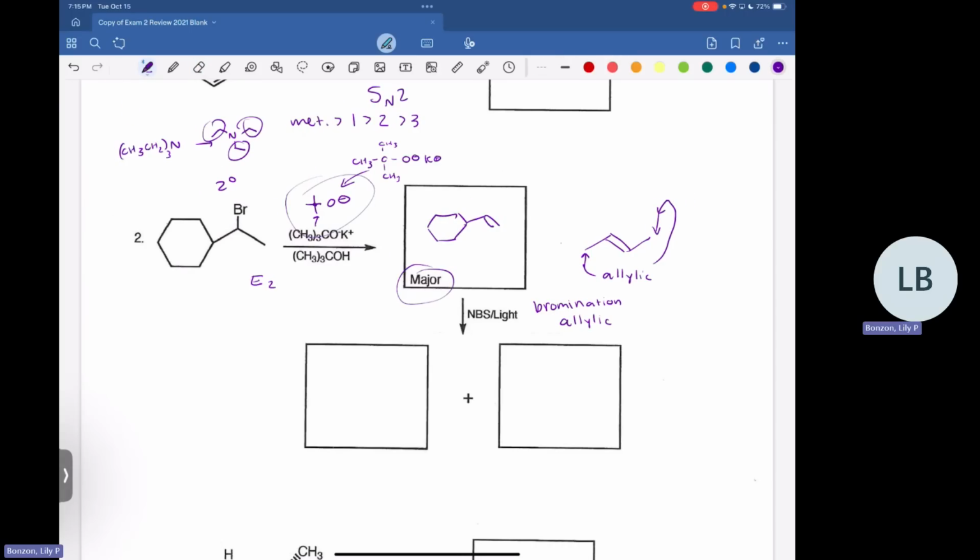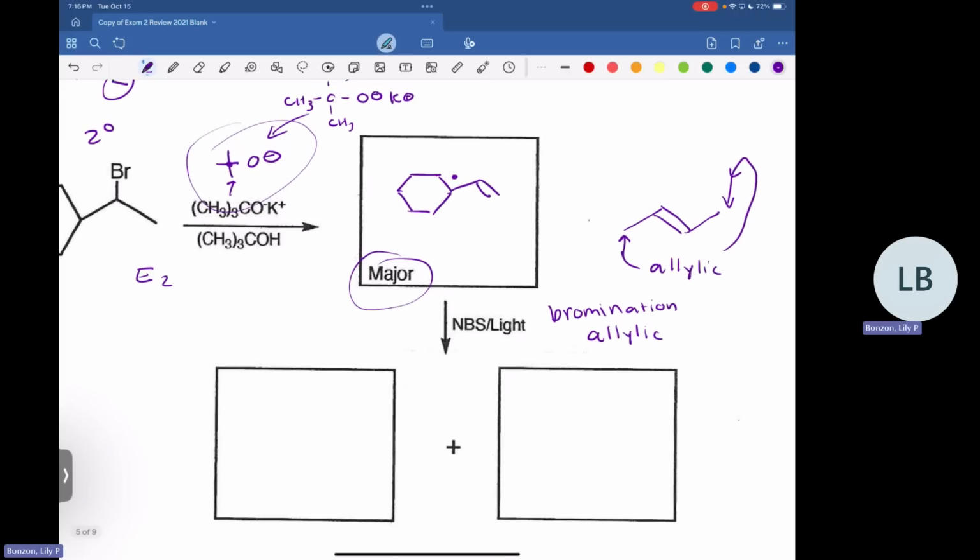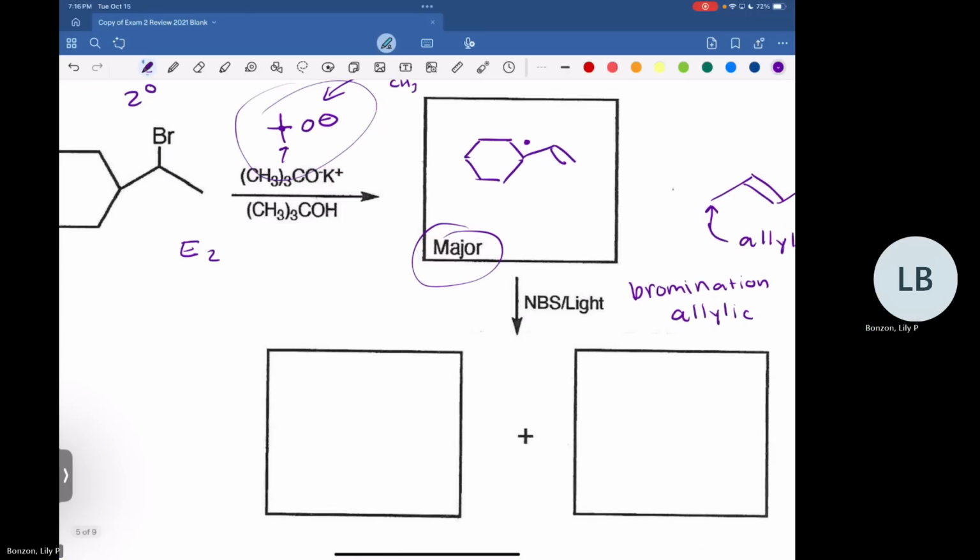You'll see that we have 2 boxes. So what you need to know for NBS, kind of similar to Br2 and light, is that it's a radical reaction. So in the first step, we form a radical at the allylic position, and then the bromine gets added on.